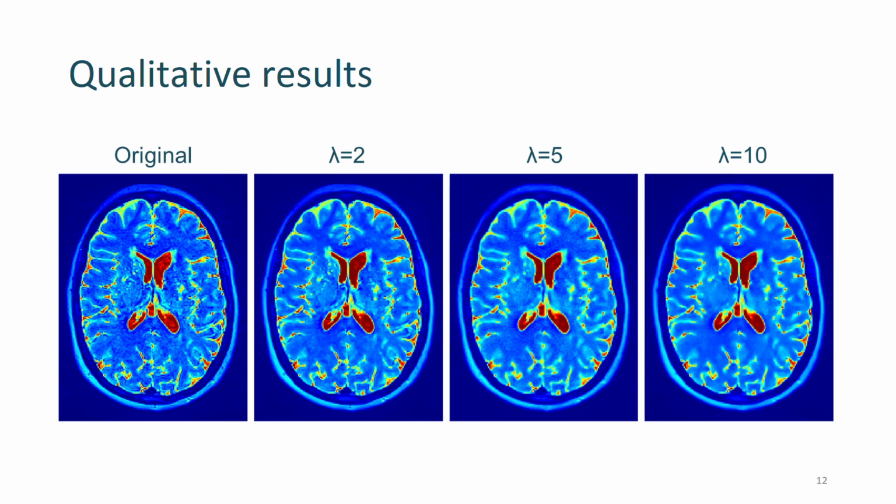Note that there are many perivascular spaces in the basal ganglia in the original image that are not visible when lambda equals 5 and lambda equals 10. Through visual assessments, we conclude that a value for lambda equal to 2 gave an acceptable trade-off between detected PVS and artifact reduction. However, this does not imply that the quantification process was better because of the parameter value, which we need to study in future work.